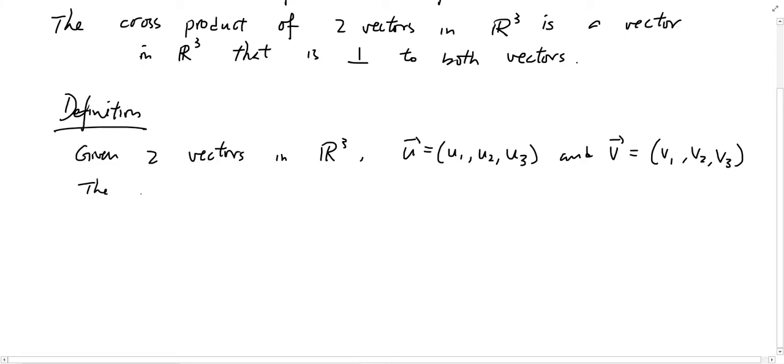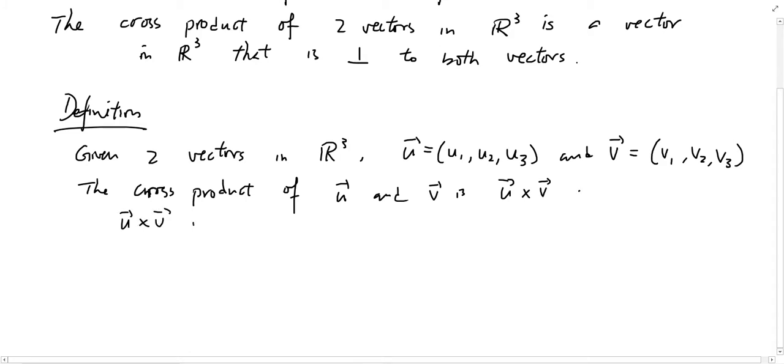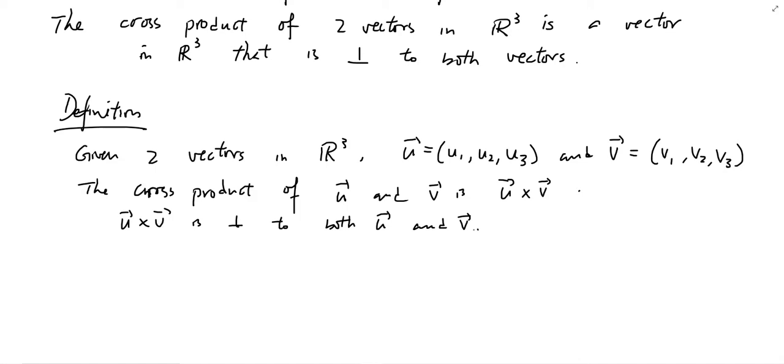The cross product of u and v is what we call u cross v. Okay, so that's what it is, u cross v. And what's special about u cross v is the following. U cross v is perpendicular to both vector u and vector v. So that's the significance of this vector u cross v, which is actually perpendicular to two separate vectors.